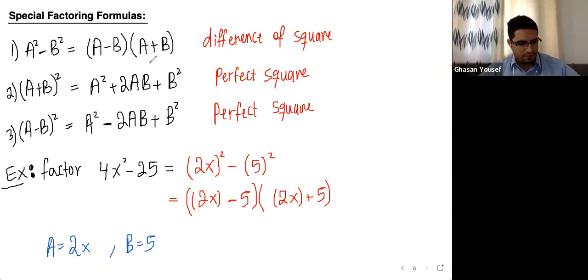Okay. Another example for factoring. Example, 3x raised to the power 4 plus 15x raised to the power 3 minus 21x squared.